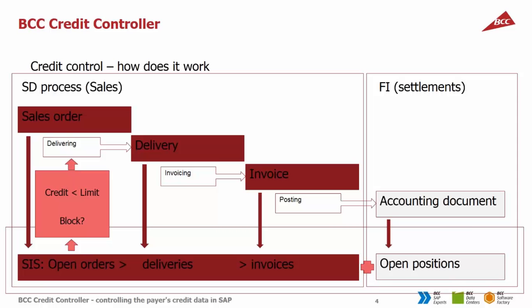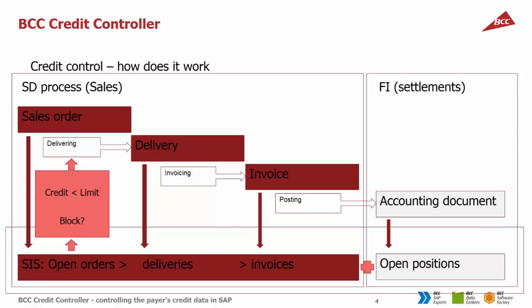The data recorded in the sales information system for the purposes of credit control is recorded as the amount for the payer without division into individual invoices and sales processes. So we don't know which documents make up the final sum, which will be presented on the next slides as well.